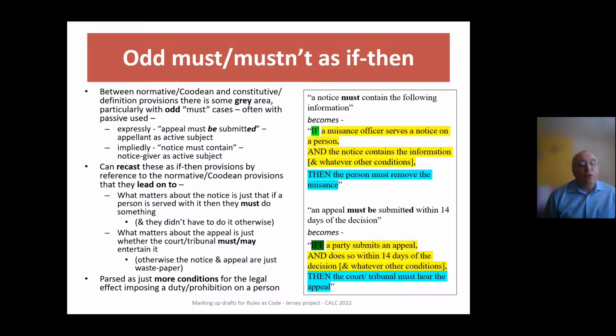And effectively what we mean is that if you put the information in the notice, or you submit the appeal in time, then you will have the legal effect that we talk about further down the line. So this notice will have the effect that if you're served with it, then you must comply with it. The appeal, if it's correctly submitted, will have the legal effect that the court or tribunal must entertain the appeal.